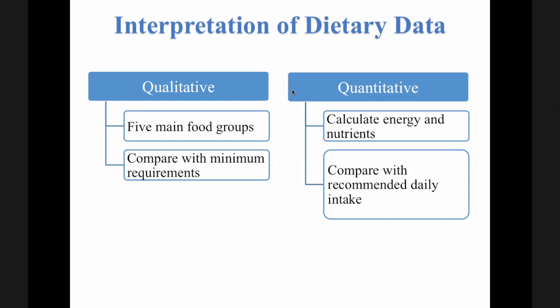And similarly, there's milk and dairy. You have to check whether your patients are eating adequate milk and dairy. Otherwise, they end up with osteoporosis, some calcium deficiency, and so on. The other thing I mentioned is the energy and nutrient. This is quantitative.